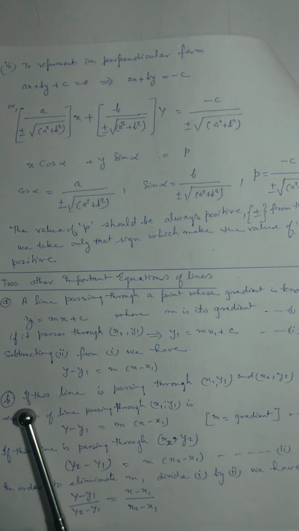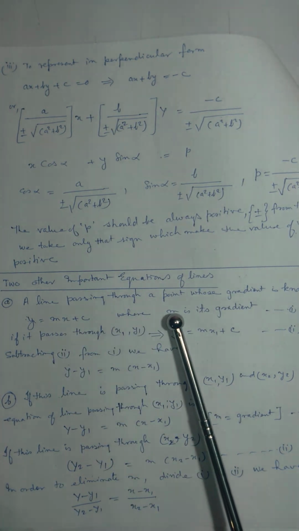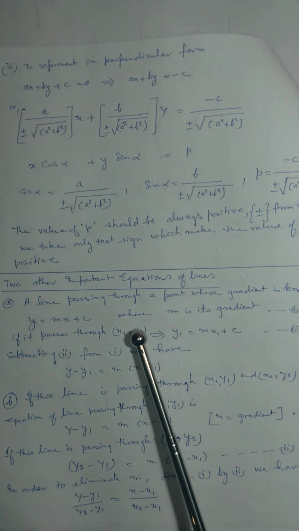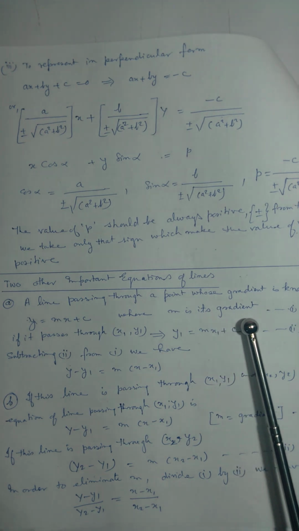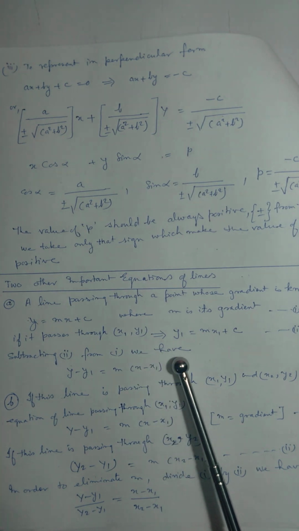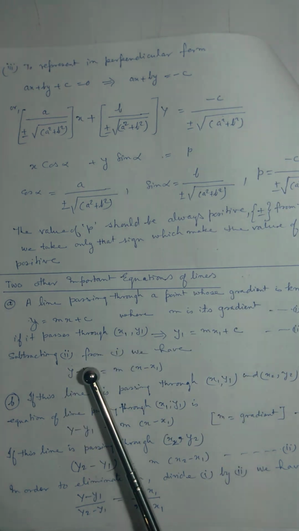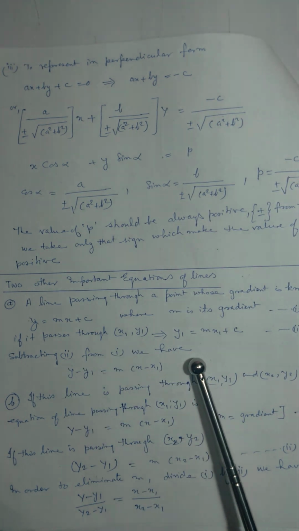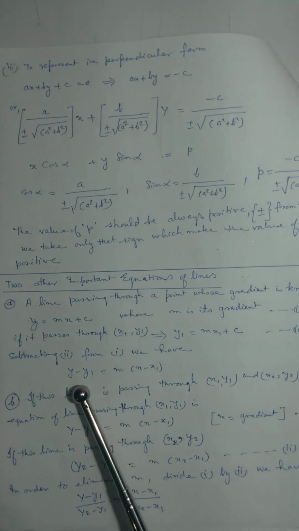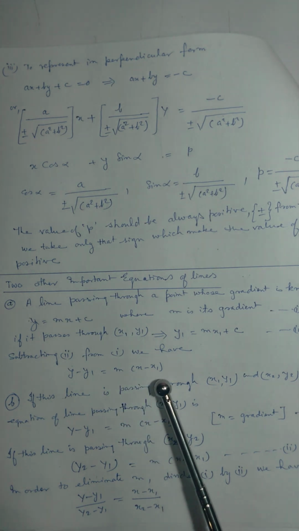Now proceed. Two other important equations of lines. A line passing through a point whose gradient is known, that is y is equal to mx plus c, where m is its gradient. If it passes through x1, y1, this implies that y1 is equal to m x1 plus c. Subtracting second from first, we have y minus y1 is equal to m into, in brackets, x minus x1.